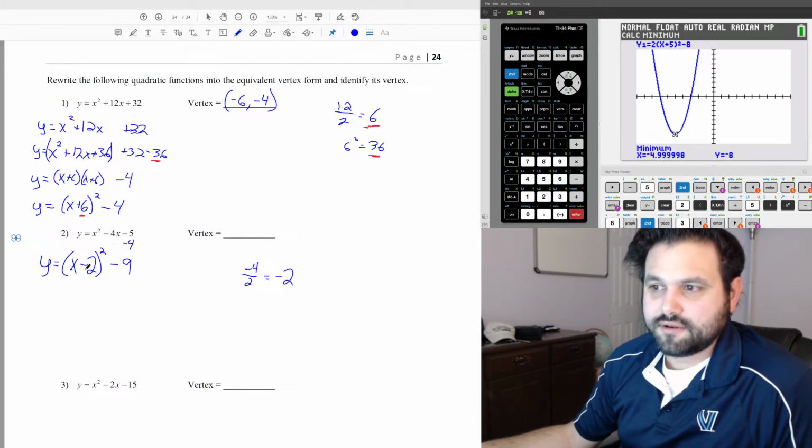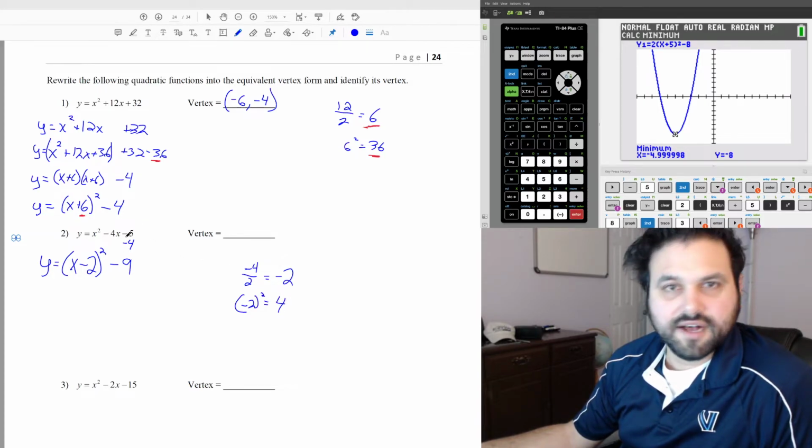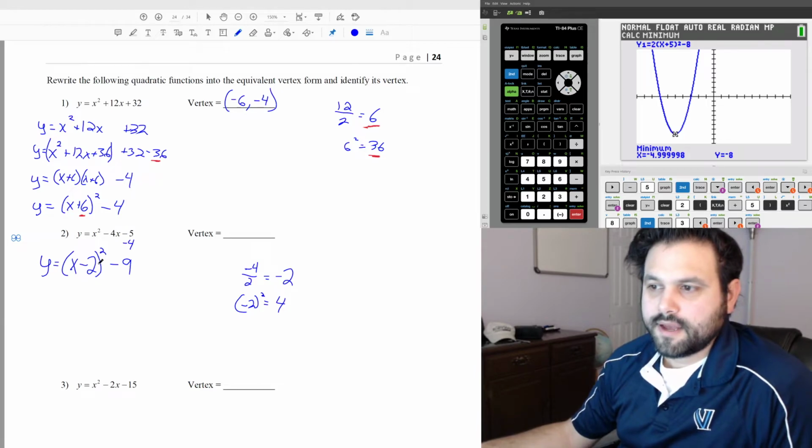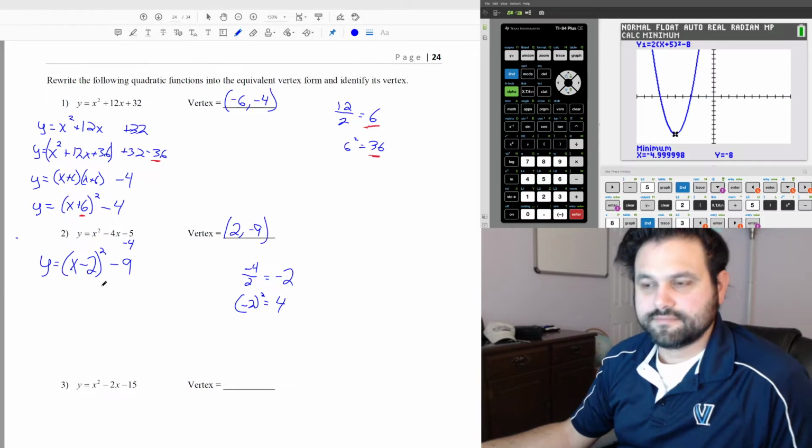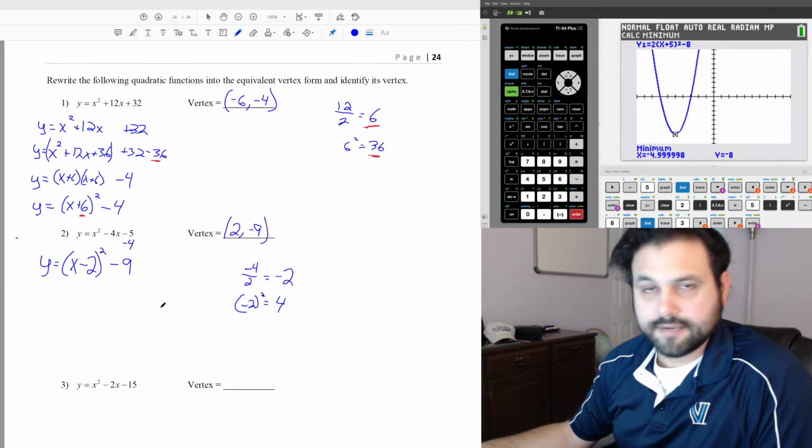Just take half of it and rewrite it as a binomial squared, and then take that squared number, right, and subtract it off the C value. Okay? And then the vertex here is +2, -9, because the sign changes inside.